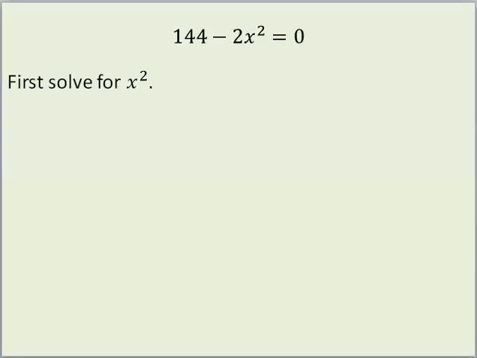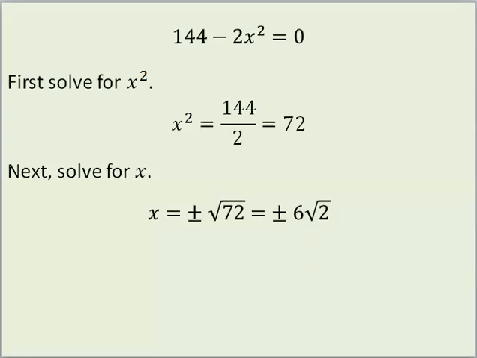First, solve for x squared. X squared is 72. So x is plus or minus radical 72. Now radical 72 is 6 radical 2.